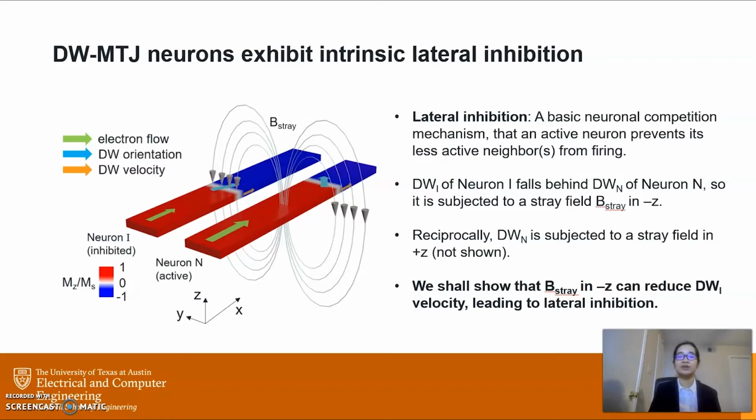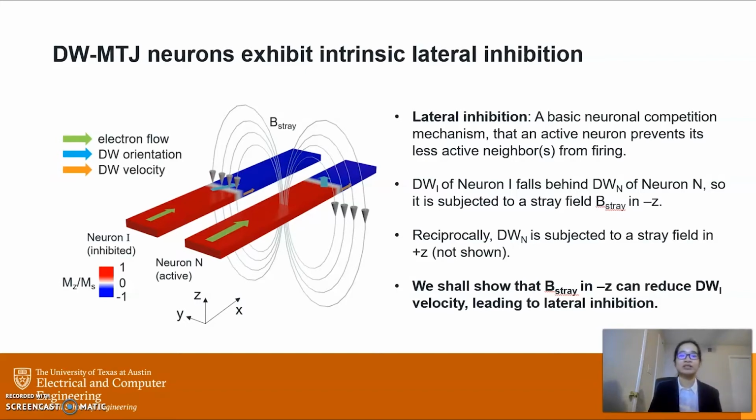Also, in the research of artificial neural networks, it can be used to implement various competitive learning algorithms. In the domain wall neuron, lateral inhibition means that the neuron with a larger domain wall velocity can impede the domain wall motion of its neighbor.